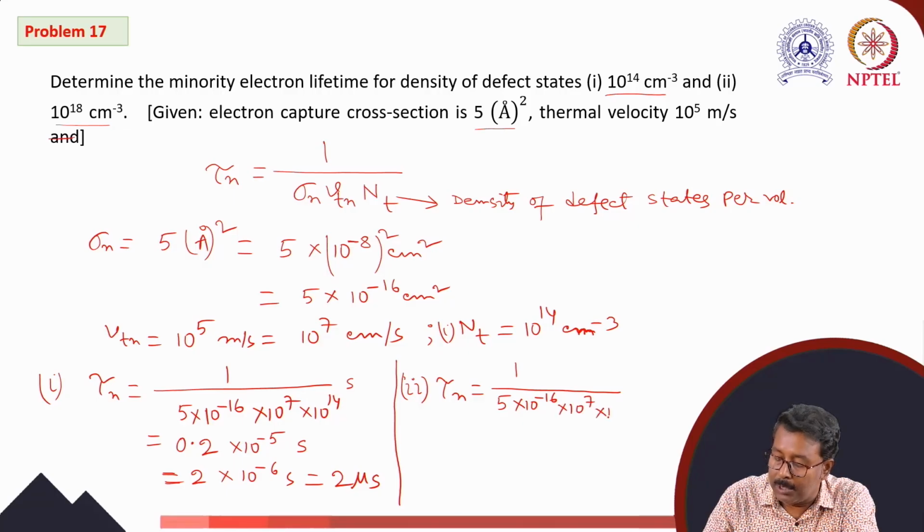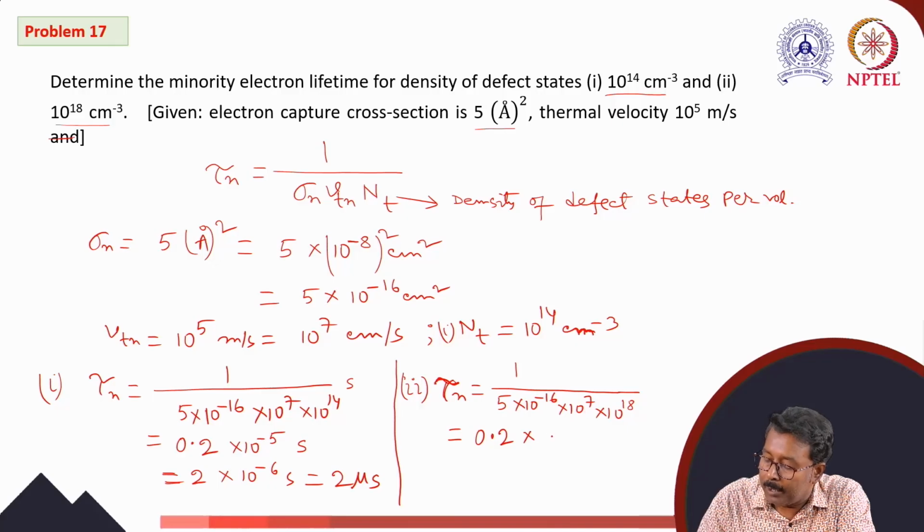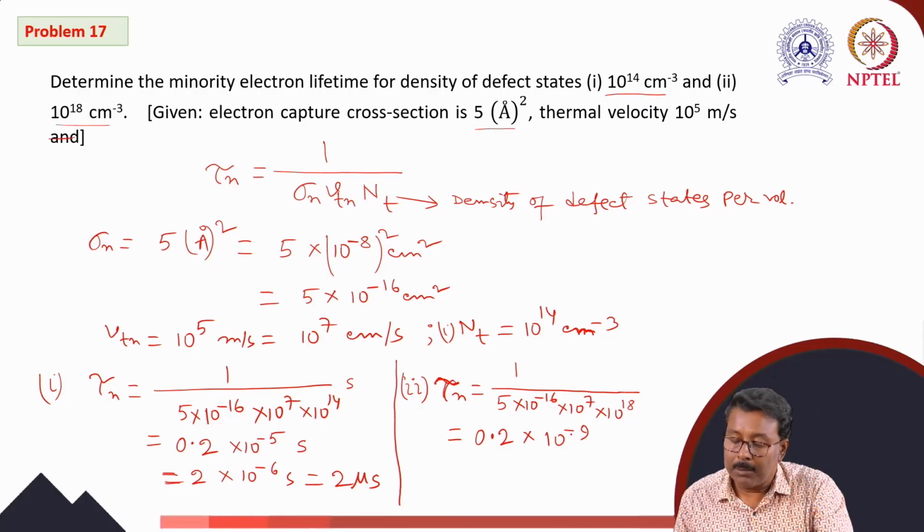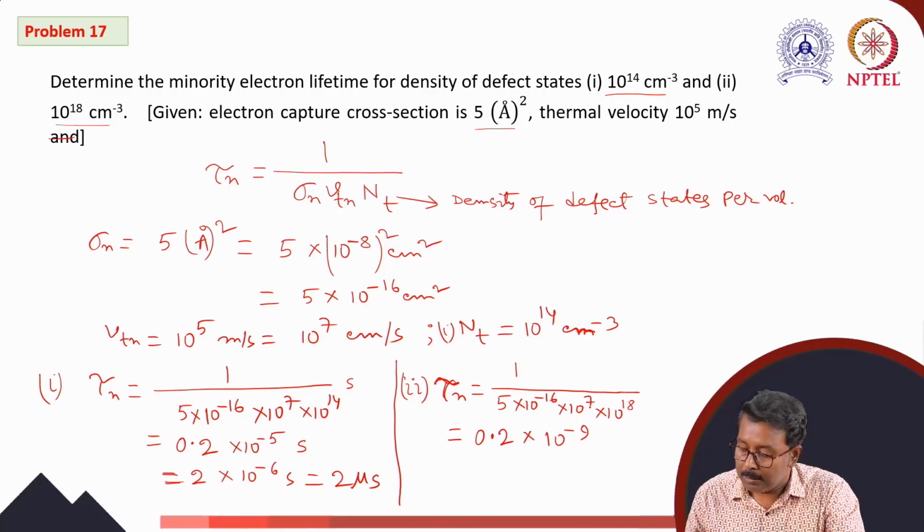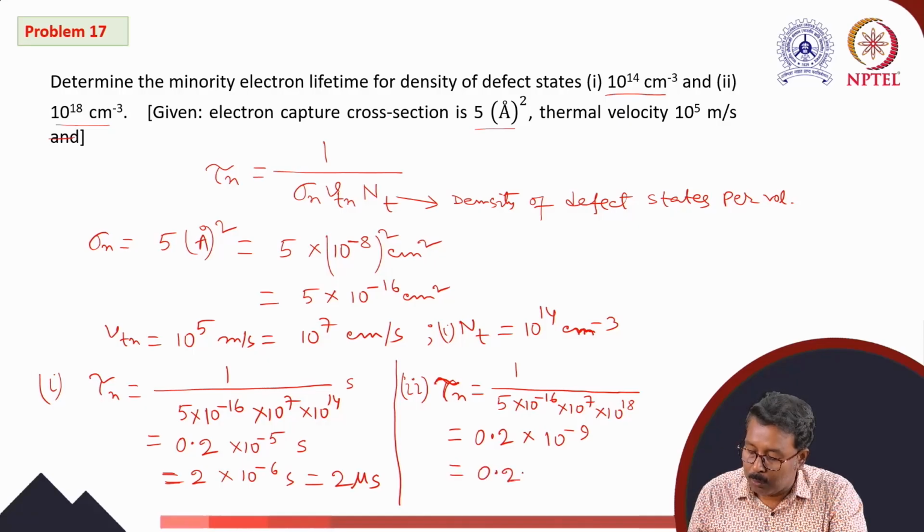All terms remain the same, only change is in Nt, this is 10 to the power 18 in this case, and it will be coming at 0.2 into 10 to the power minus 9. Ten to the power 18, yes, 18. See, this is 0.2 nanosecond.